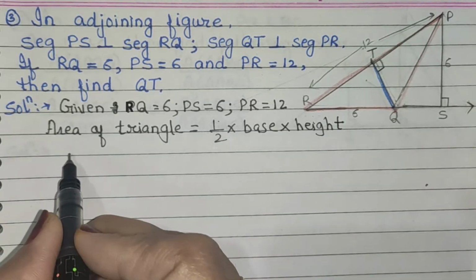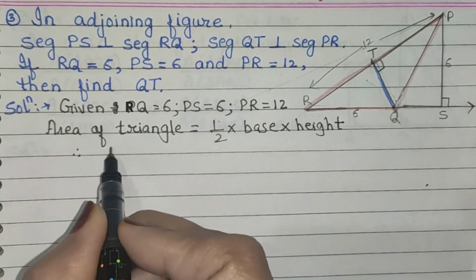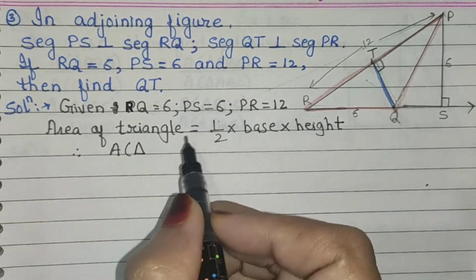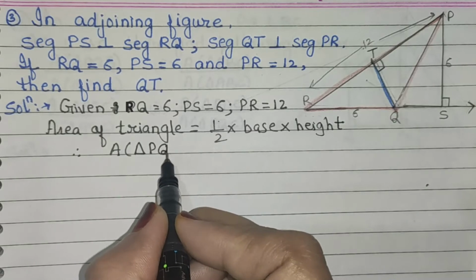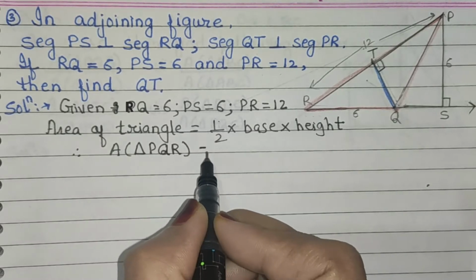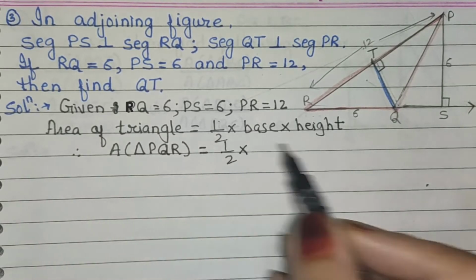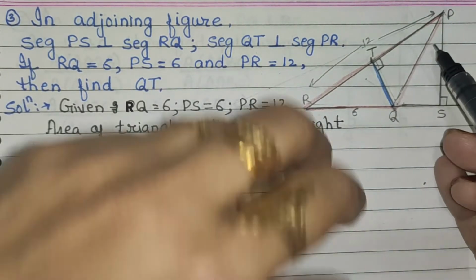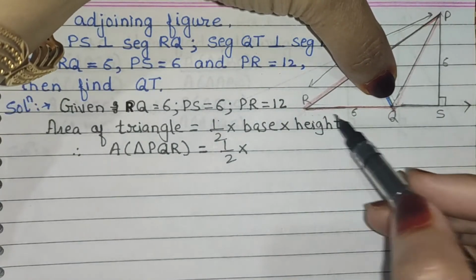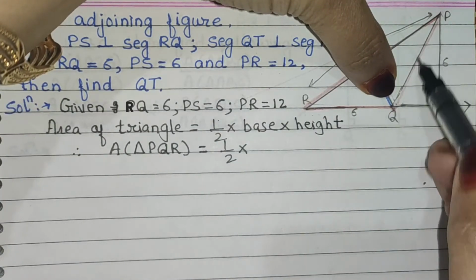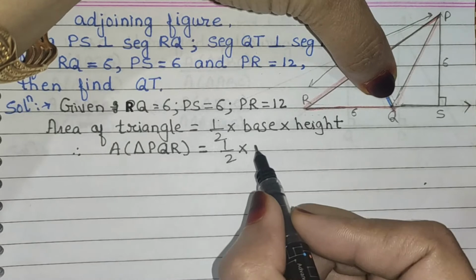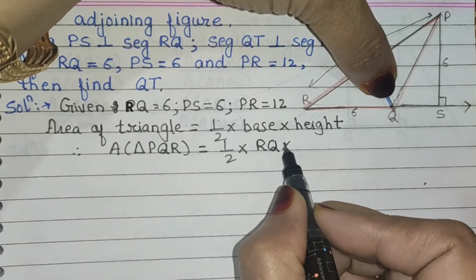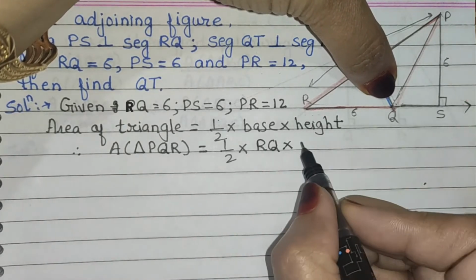Area of triangle PQR is equal to half into, now look at here, for the area of triangle PQR the base is RQ and the height is PS.